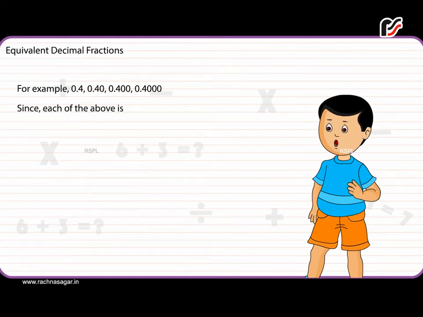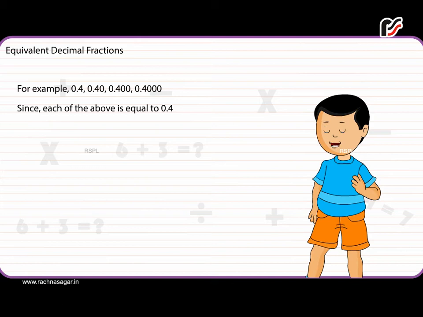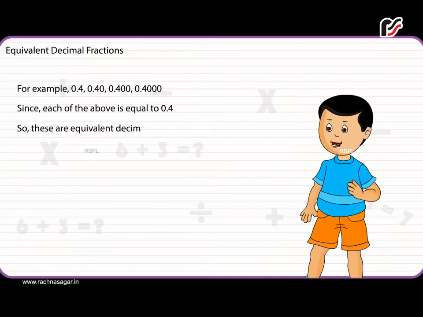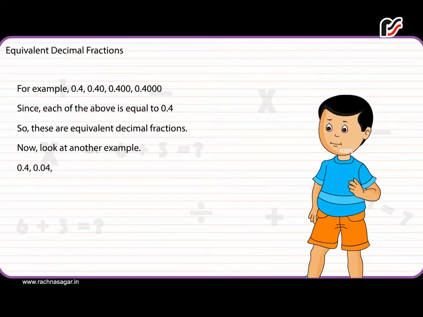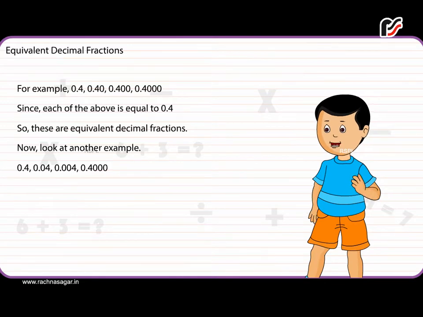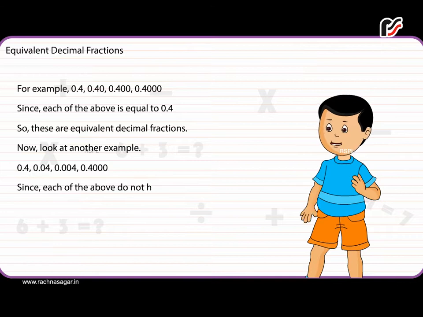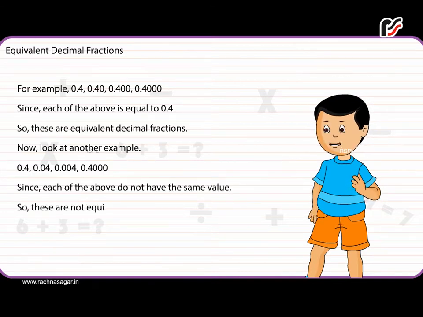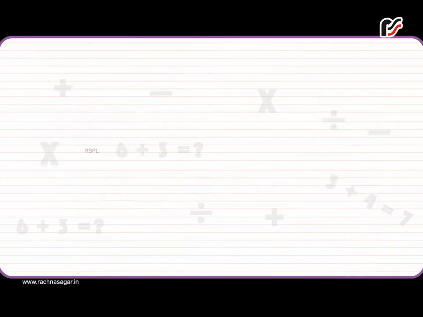Since each of the above is equal to 0.4, these are equivalent decimal fractions. Now, look at another example. 0.4, 0.04, 0.004, 0.4000. Since each of the above does not have the same value, these are not equivalent decimals.